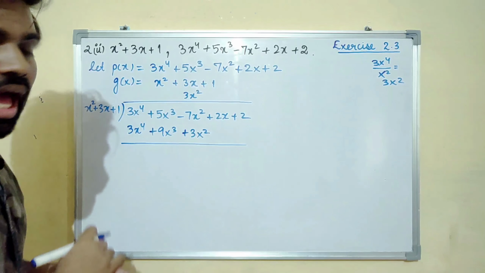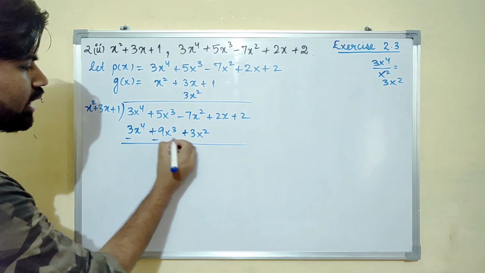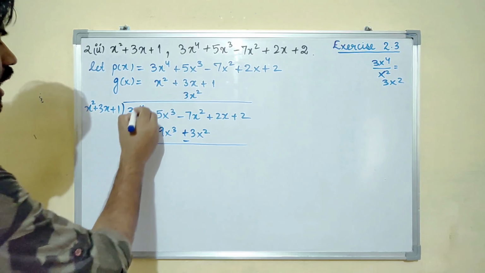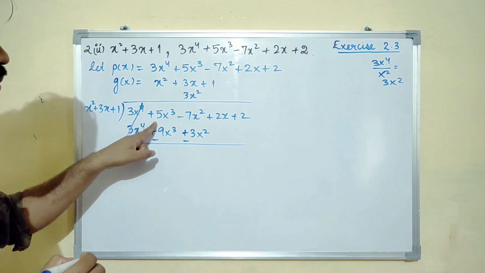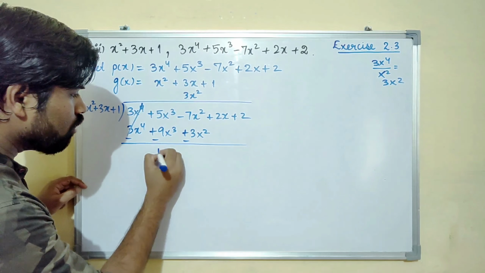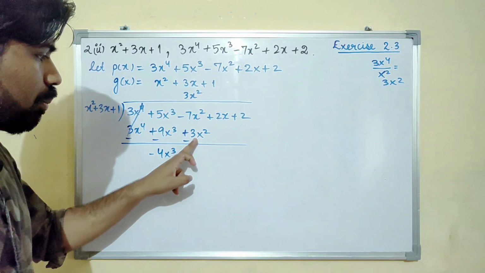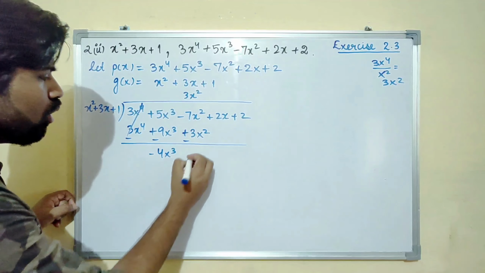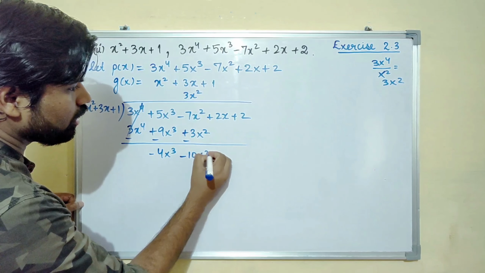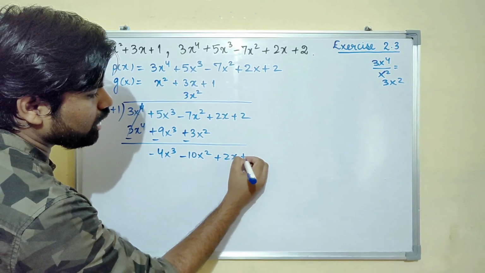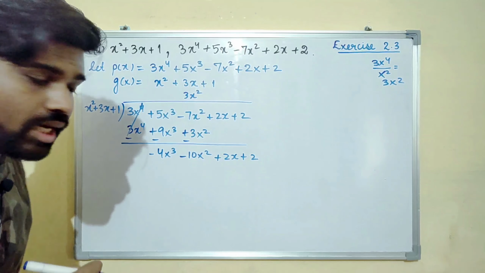Change the signs and then solve. Minus, minus, minus, right? It will be cancelled. Minus 9x cube plus 5x cube, which will give you minus 4x cube. Minus 7x square minus 3x square, it will give you minus 10x square. Plus 2x and plus 2 will come down automatically, right?